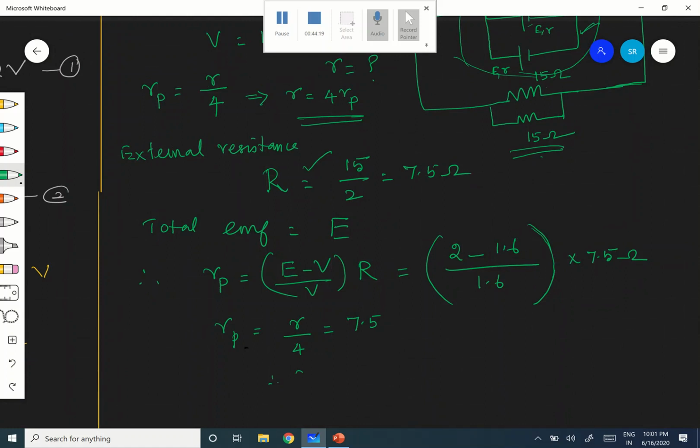Therefore, what is your r? r is equal to 7.5 into 4, since Rp is equal to r by 4.